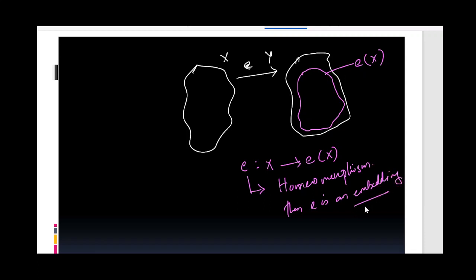Can you follow now? So e is an embedding whenever e restricted to the range is a homeomorphism.